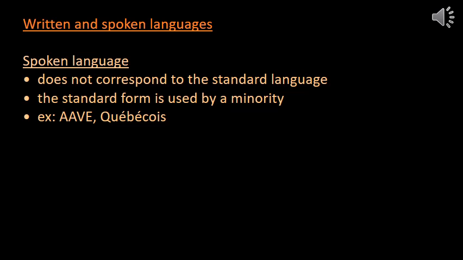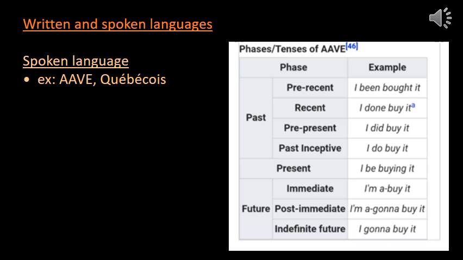Also, spoken languages are alive. They change very, very quickly. Within one generation, spoken language can change. Another important aspect of spoken languages that we don't realize is that these languages follow very precise rules.